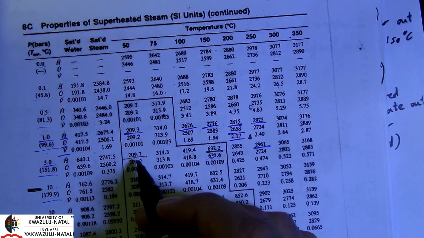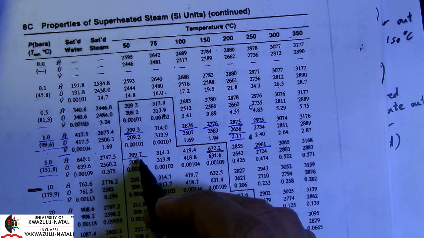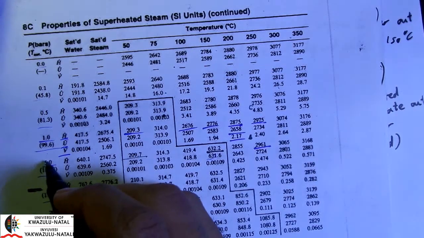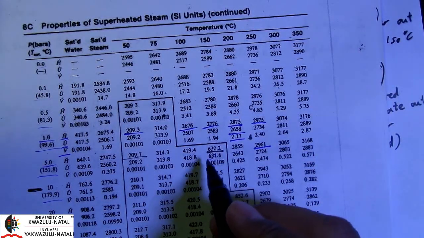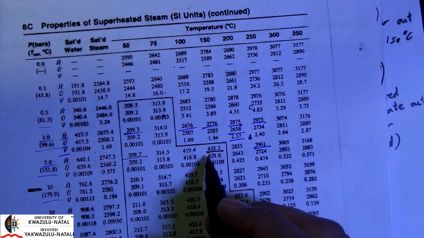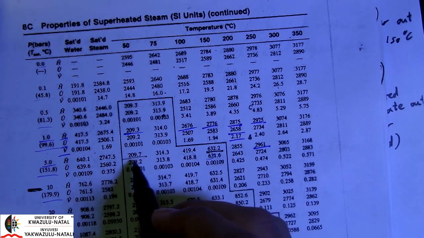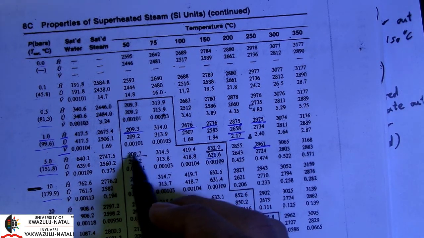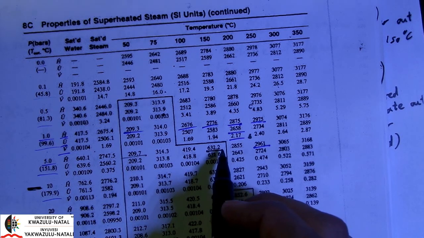And remember that my output is water at 5 bar and 150 degrees. So I can look for 5 bar and 150 degrees. Okay, and this reveals that my specific enthalpy is 632.2. So our water actually remains in the subcooled region. It remains as liquid water.